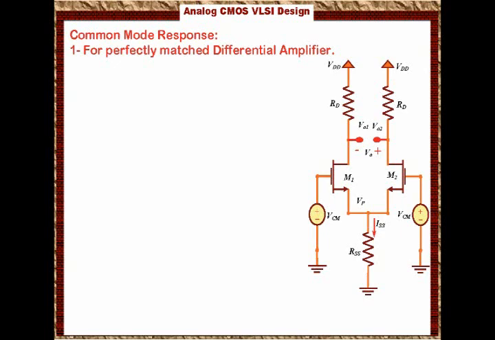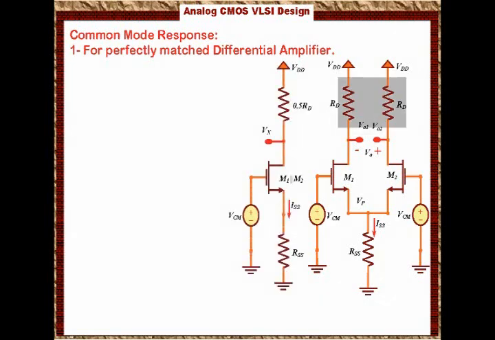Keep in mind that this half circuit is for the common mode. The common mode half circuit says that we're going to have RD in parallel with RD, so from the top we will have 0.5 RD, because the two resistors have the same voltages at their nodes, so you can assume they are in parallel. Then this resistor is connected to a transistor, where the transistor is the two transistors in parallel.